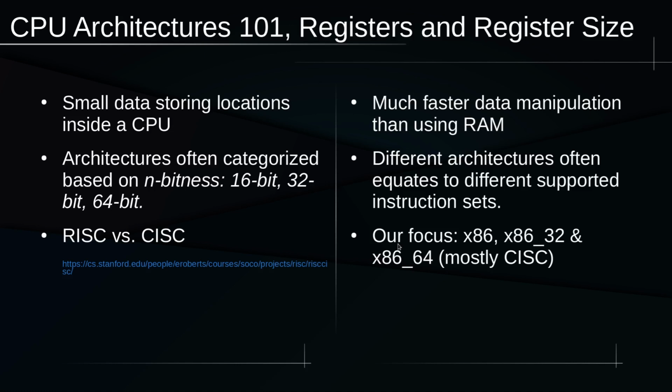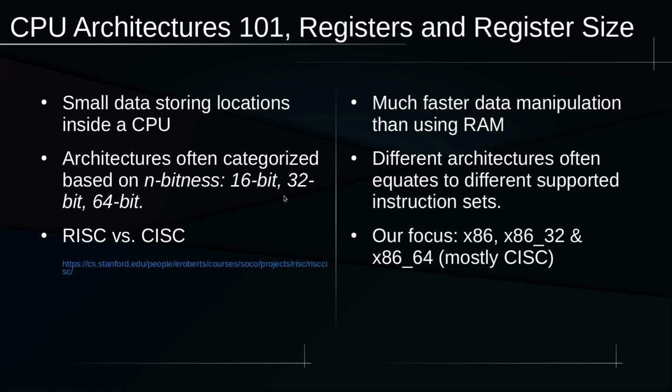CPU architectures. Okay, so CPU architectures are most often categorized based on their n-bitness. And what do I mean by n-bitness? Well, you often hear things like 16-bit, 32-bit, or 64-bit architectures, which generally speaking are n-bit architectures, right?